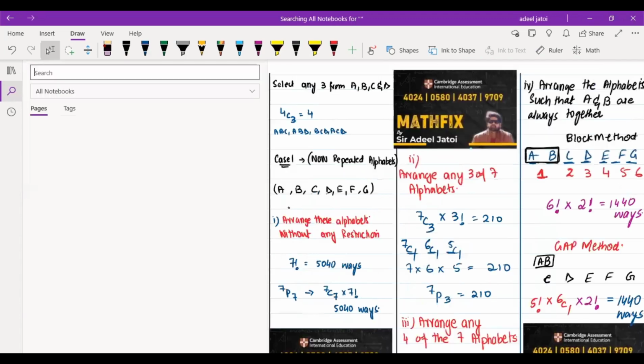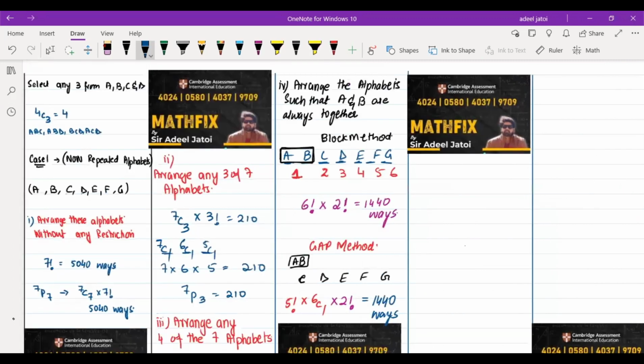If I want to go through this again for better understanding, let's arrange the alphabets such that A, B are always together. When they are together, we use the block method. Considering that they are together, I write down all the alphabets together, 1, 2, 3, 4, 5, 6.